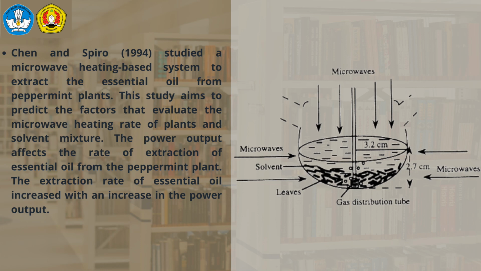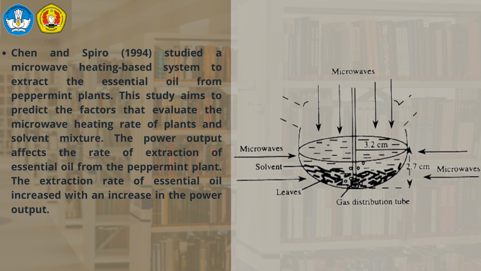Okay everyone, next, according to Chen and Spiro, 1994, a study of a microwave heating based system to extract the essential oil from peppermint plant. The study aims to predict the factors that evaluate the microwave heating rate of the peppermint and sulfate mixture.